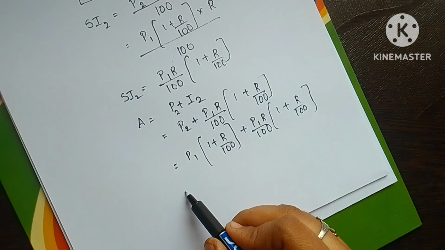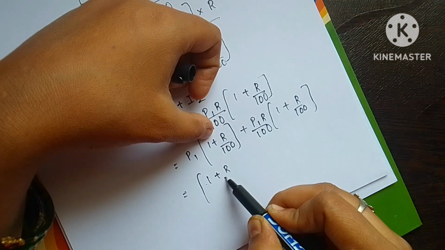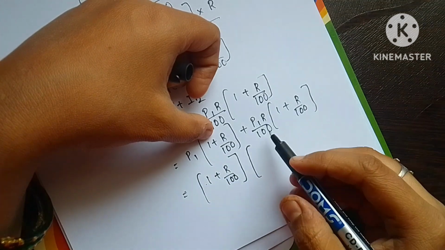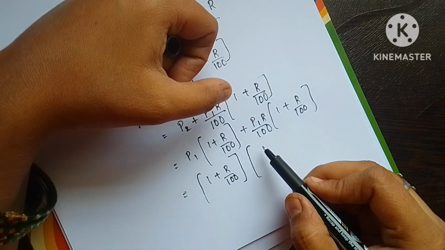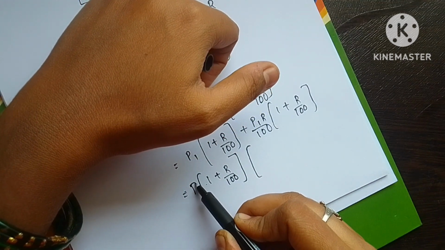Now we will take out 1 plus R by 100, as 1 plus R by 100 is common. So I will take out 1 plus R by 100 as common, and what remains is P1 and P1 R. P1 also I will take common.